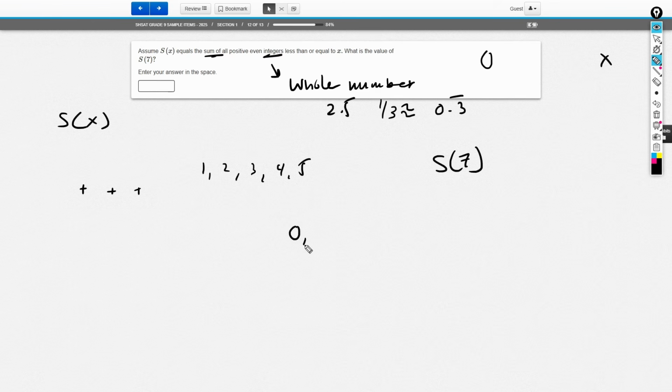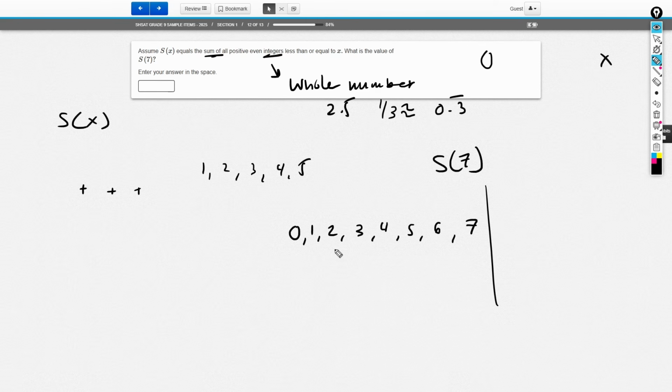We can start at 0, 1, 2, 3, 4, 5, 6. In this case, my limit here is 7. s of 7 says to look at all the positive numbers starting from 0 going all the way up to 7, and then 7 is my limit, add all of the even numbers between them.